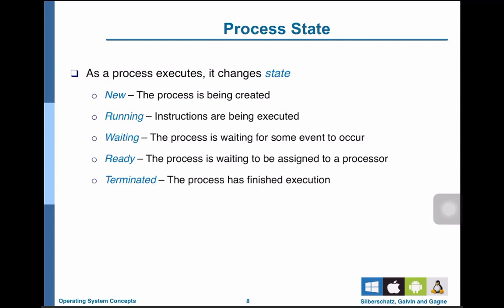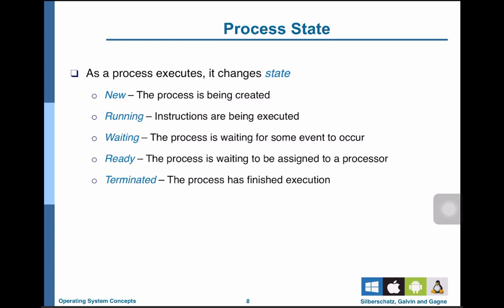In the process execution, the process has to change states. Firstly, the process is created. It passes to the new state. When this process is chosen by the scheduler to execute on a CPU core, it passes to the running state.